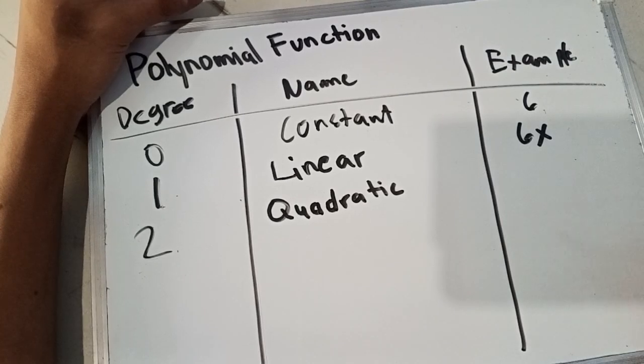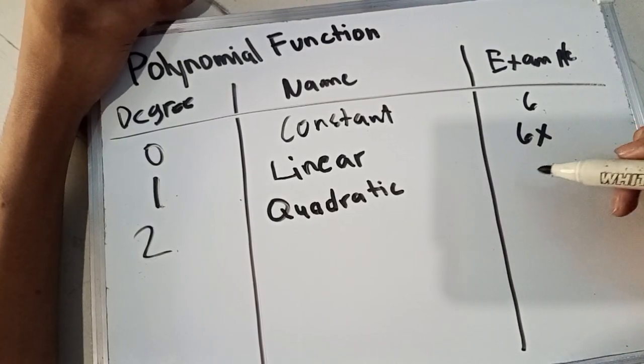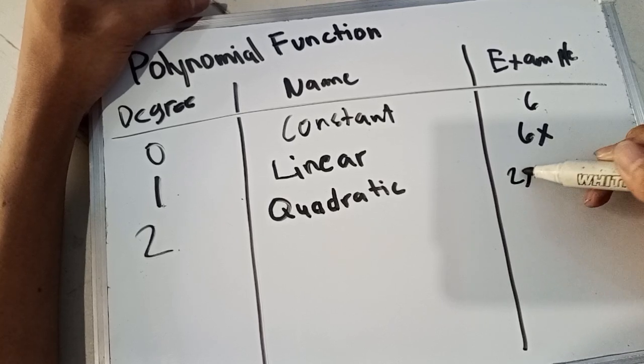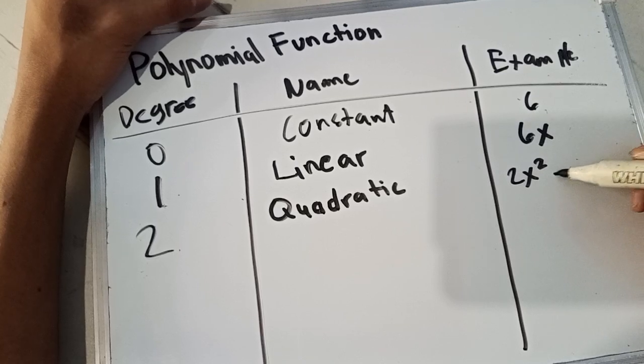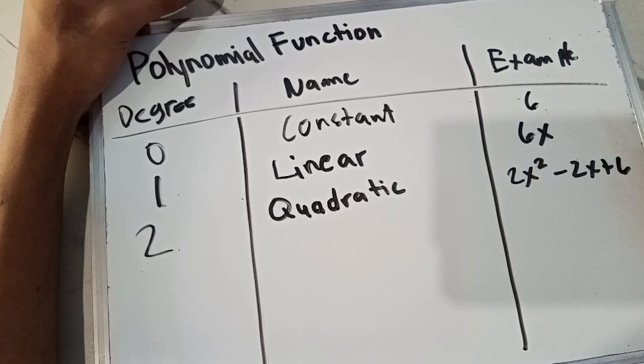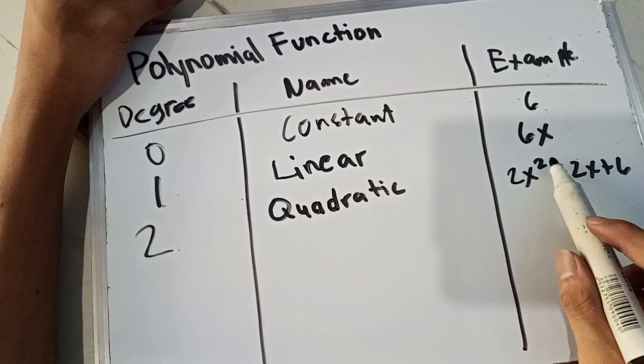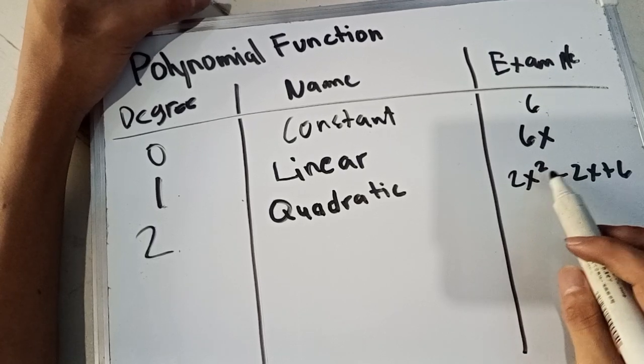If the highest exponent in a polynomial is 2, like this, this is now called quadratic, if we base on the exponent.